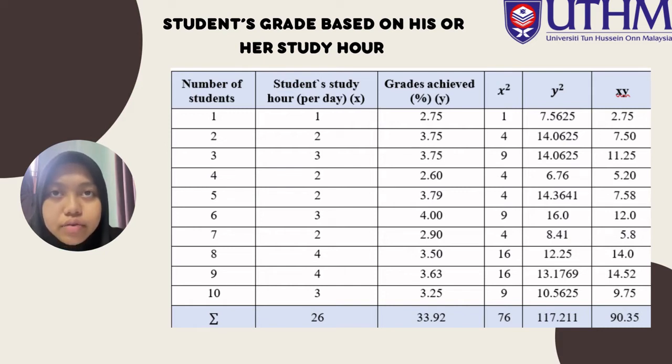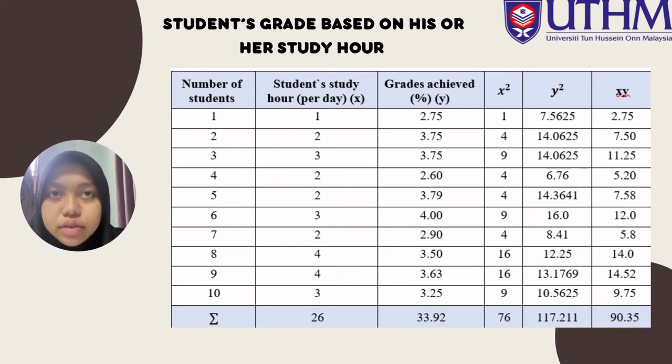After that, for student 3, you take 3.75 and multiply it by 3 hours per day of study, and you will get 11.27.